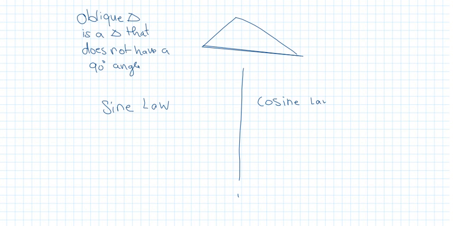Sine A over A equals sine B over B equals sine C over C. And I use this one when I'm looking for an angle.